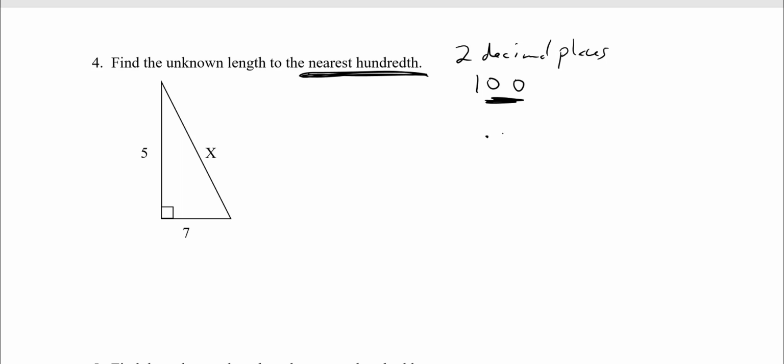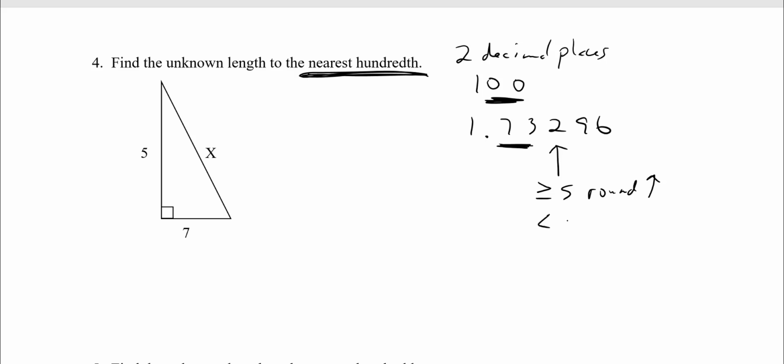So if I have 1.73296, you round to 2 decimal places. So here's the deal. You always look at this number. You always look at the one after it. And remember, if it's greater than or equal to a 5 there, you round up. So that would be like 1.74. Okay?